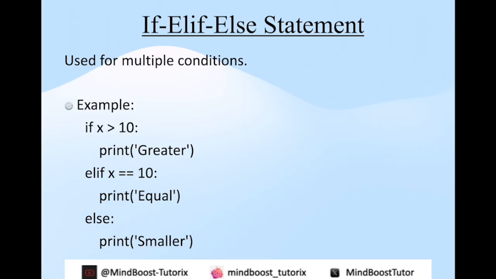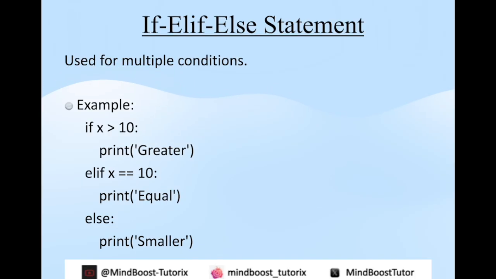Here we have one more condition, if, elif and else. As per this example, suppose x is a variable and you assign it 11. This is greater than 10, right? So you will get the greater sentence on the screen.